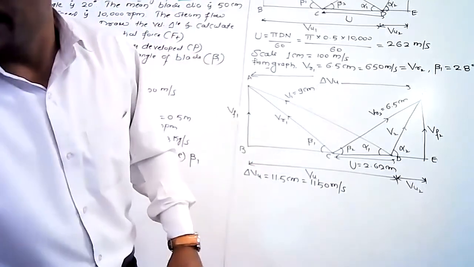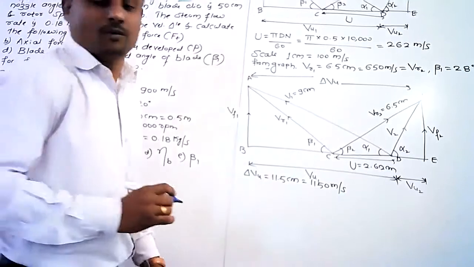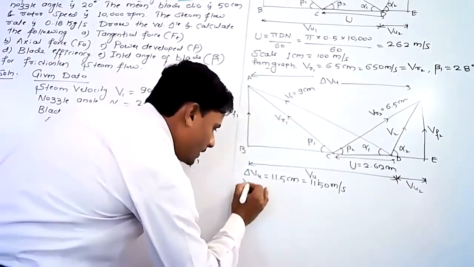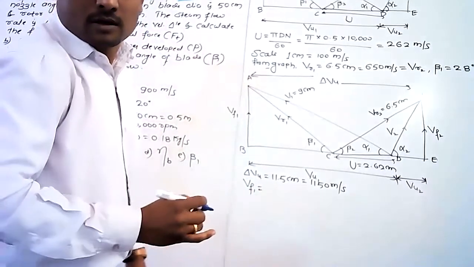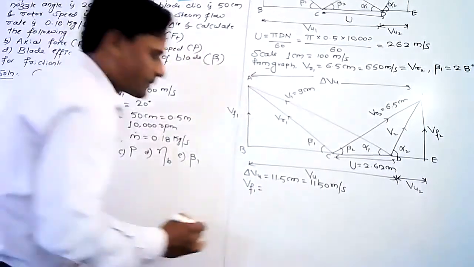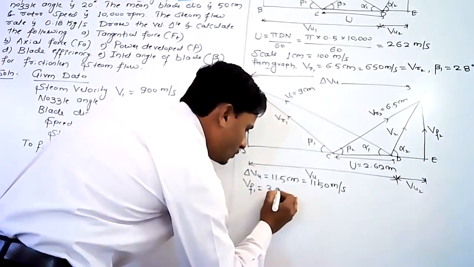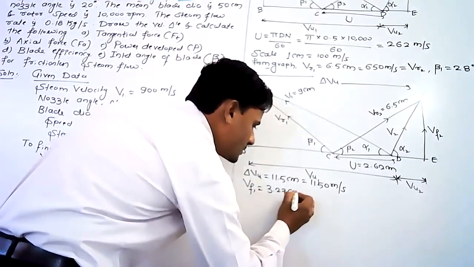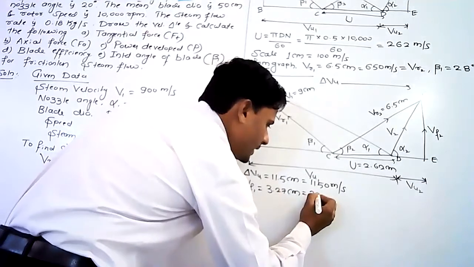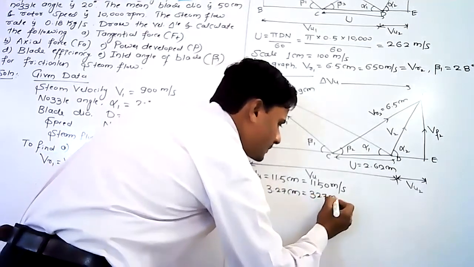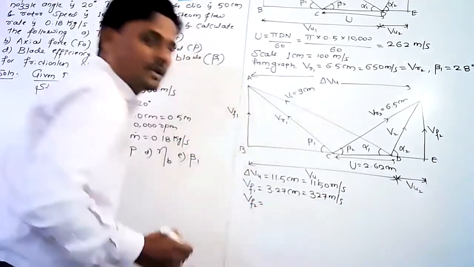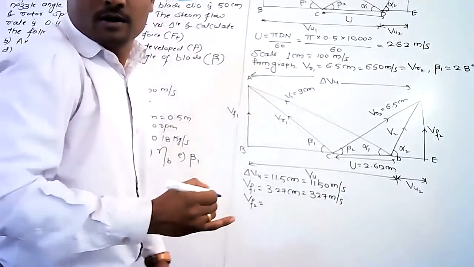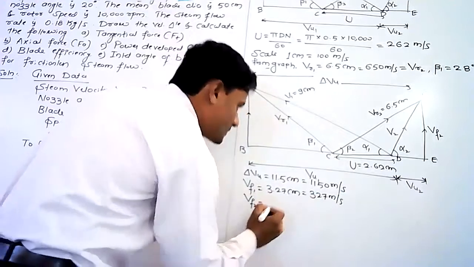Similarly, you can get the value of VF1 and VF2 as well. VF1 equals 3.27 centimeters, or 327 meter per second. Similarly, VF2 equals 3.1 centimeters.